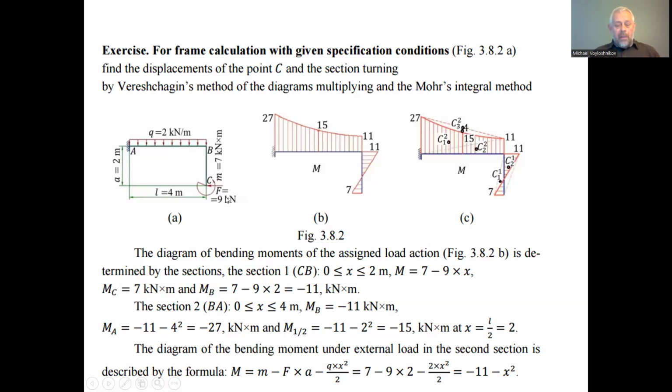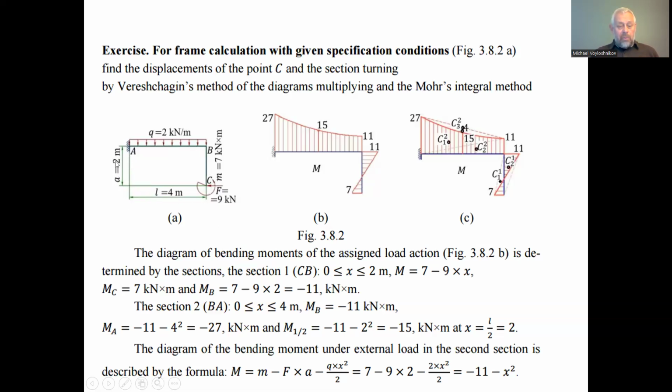The applied concentrated force rotates clockwise around the point B, and the applied bending moment rotates counterclockwise, so they have different signs, and at the point B we have -11. -11 means that we have the bending moment here at the point B caused by the concentrated force, 9 kilonewton by the arm 2 meters.